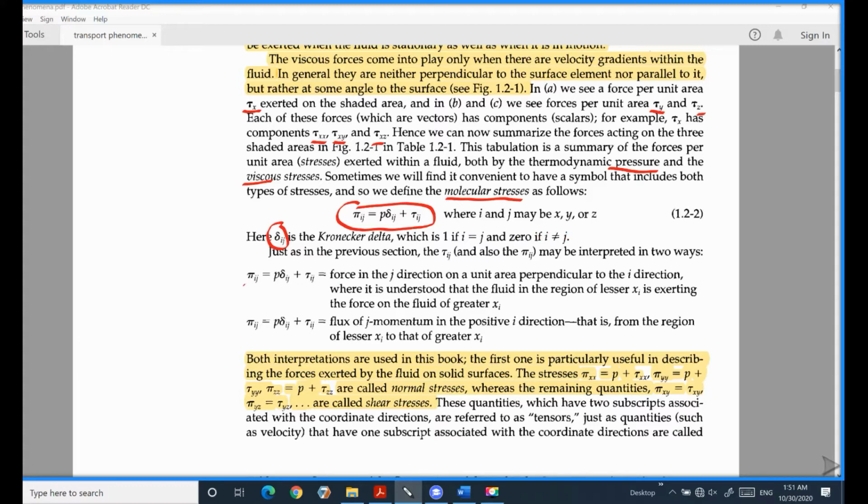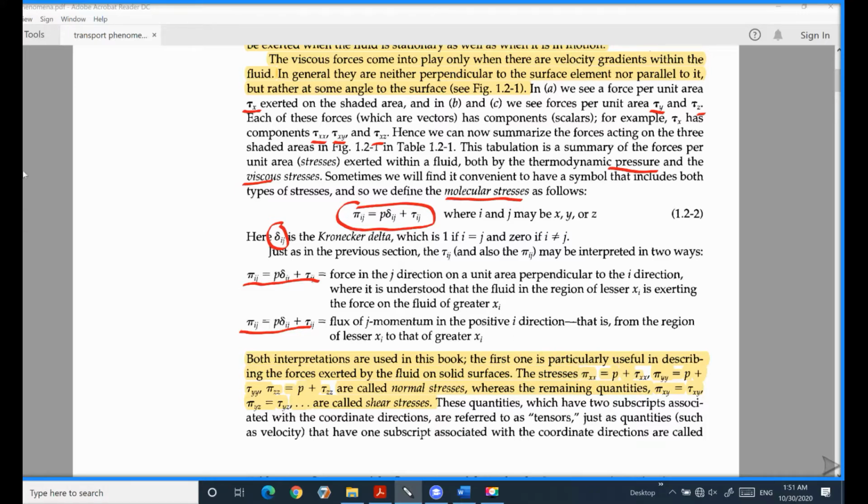Then this also has two physical interpretations. The first one, the force acting in the J direction on unit area perpendicular to the I direction. And the second one, flux of J momentum in the positive I direction. So in the stress, this shown here, that's the formula.